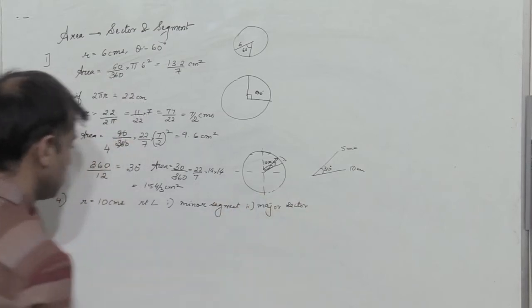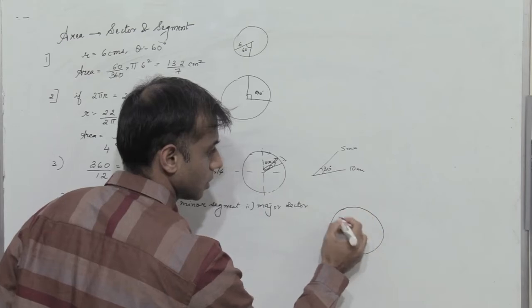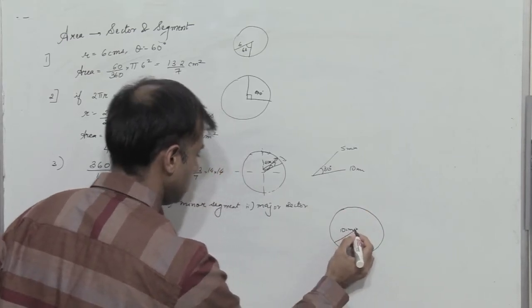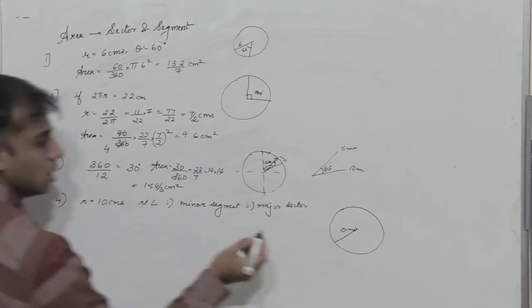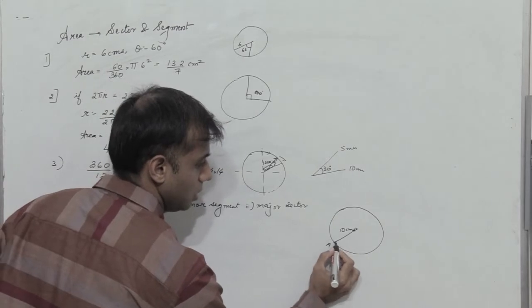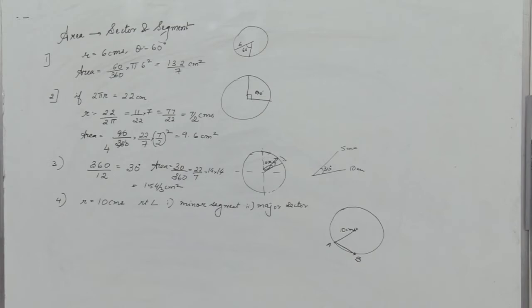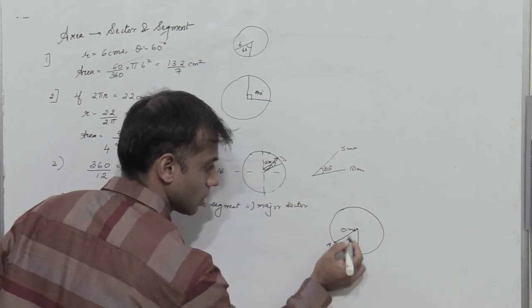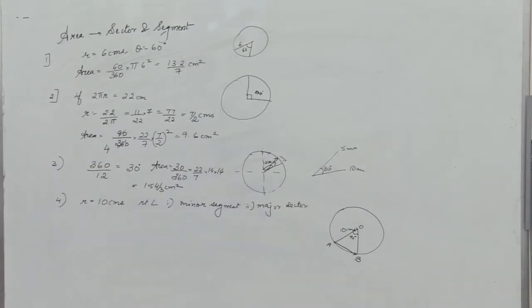So we need to find two things here. So what has been given? There is a circle and the radius of the circle is 10 centimeters. Now there is a chord. Let's assume that the chord is AB, right? It subtends a right angle at the center, in the sense that the angle made by AOB is 90 degrees, right?